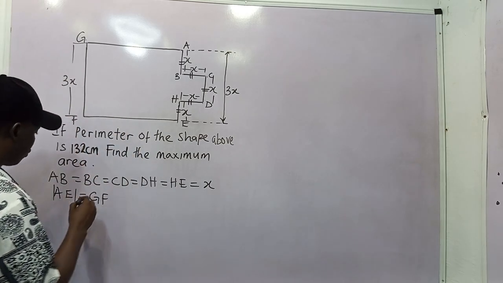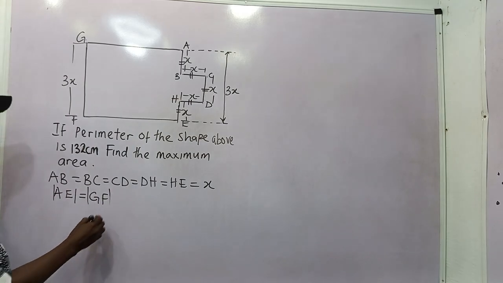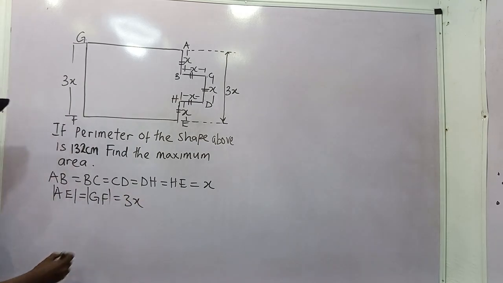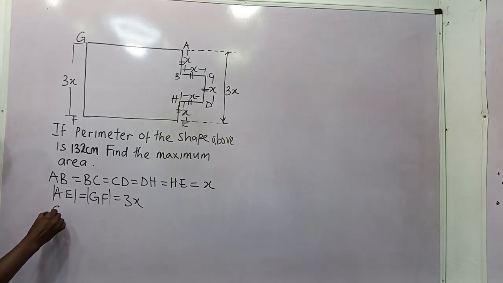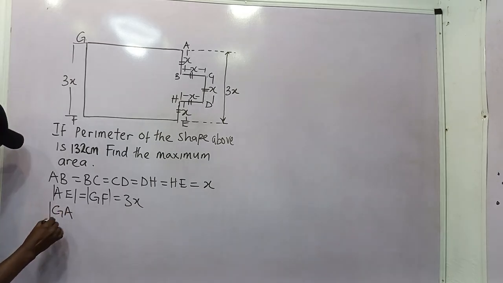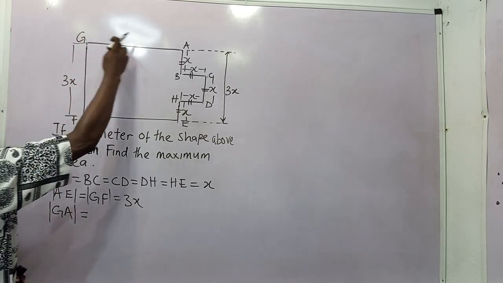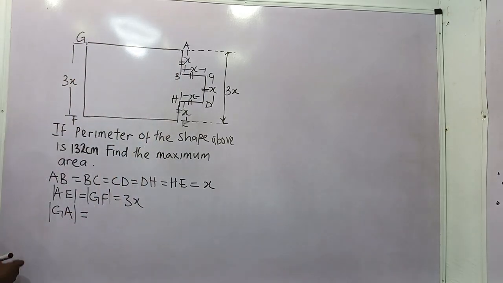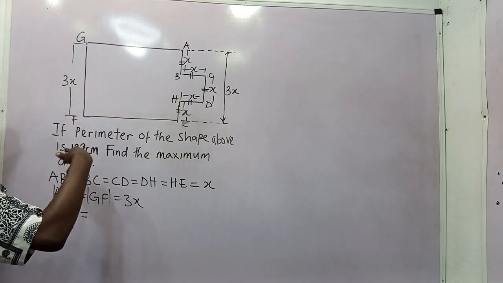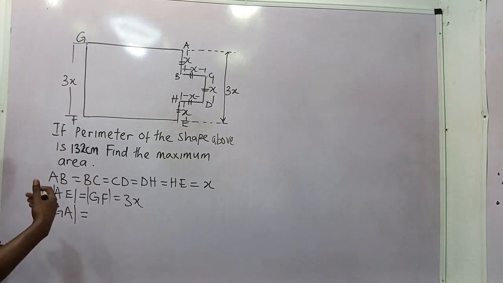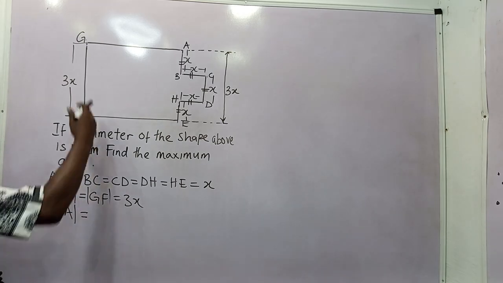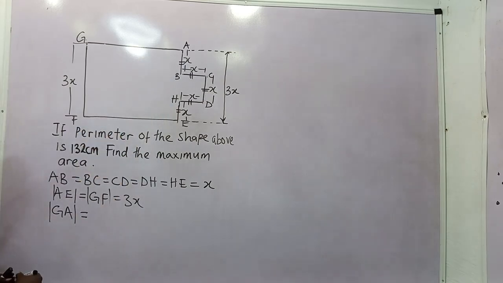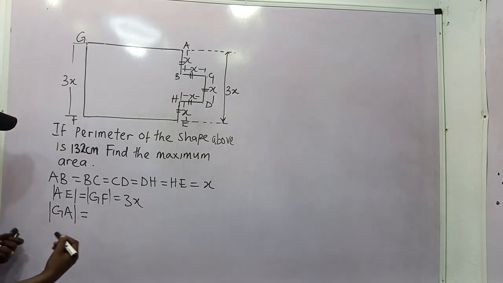Now, don't also forget that GA is equal to GA, since this is a rectangle. We cannot say it's a rectangle, but the opposite sides of a rectangle or a square are equal. They are both equal, either of the shapes we want to consider.